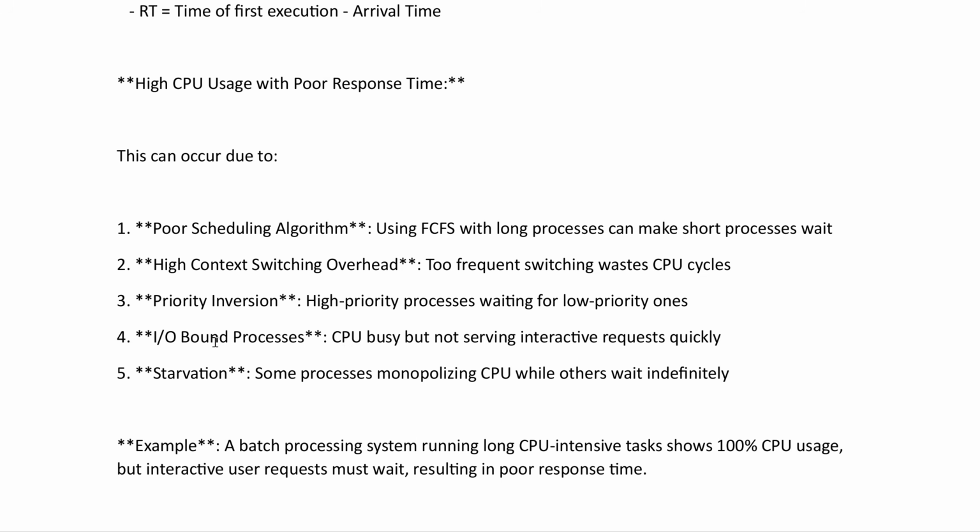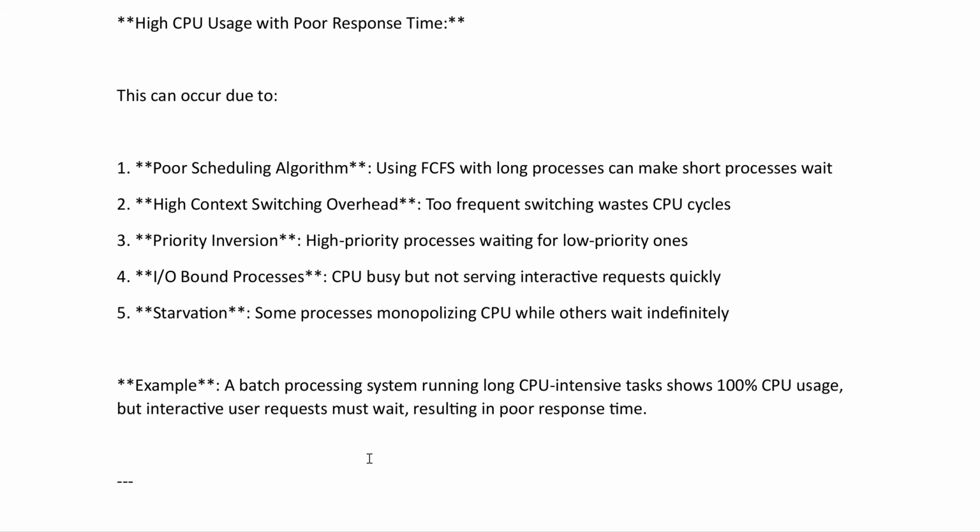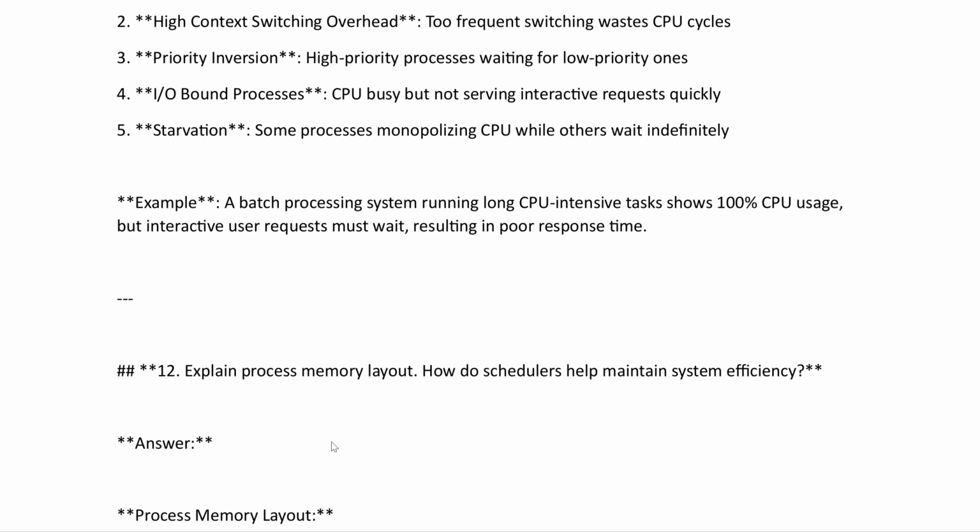It can also occur due to starvation, that is, some processes monopolizing the CPU while other processes are waiting indefinitely. An example is a batch processing system running long CPU intensive tasks that shows 100% CPU usage, but interactive user requests must wait, resulting in poor response time. This is the example.